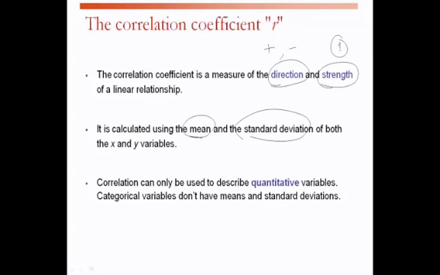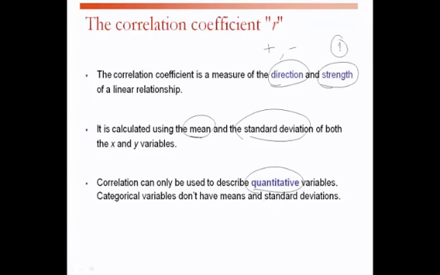Because both the mean and standard deviation are affected by outliers, the values of correlation similarly get affected in one way or the other. Okay, so remember that. Anything that affects the mean and standard deviation will eventually affect the correlation. So, in this particular case, because we are calculating mean and standard deviation, and they are only calculated for quantitative variables, correlation is valid only for quantitative variables.